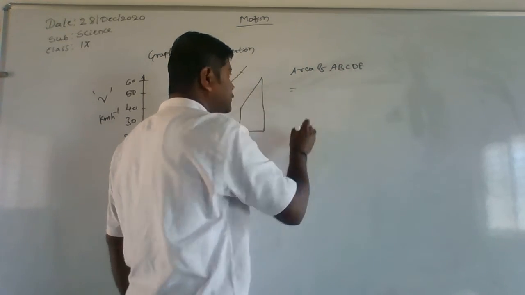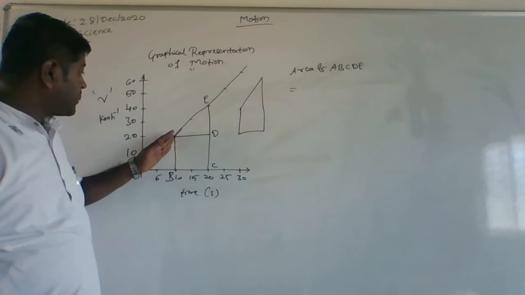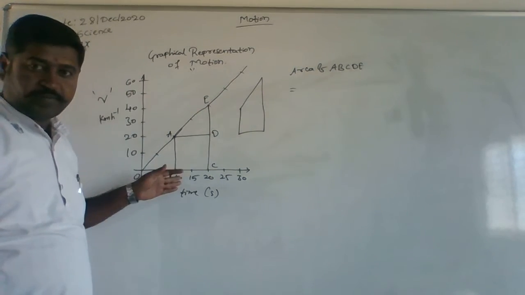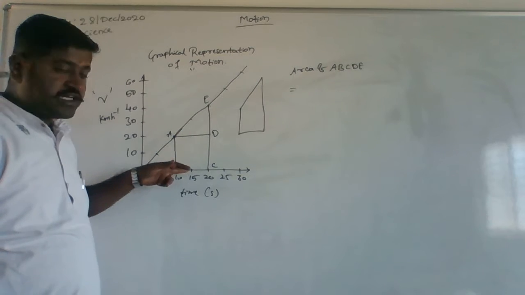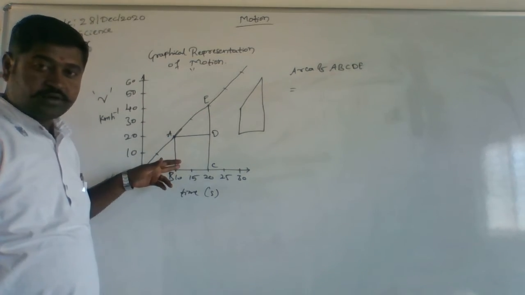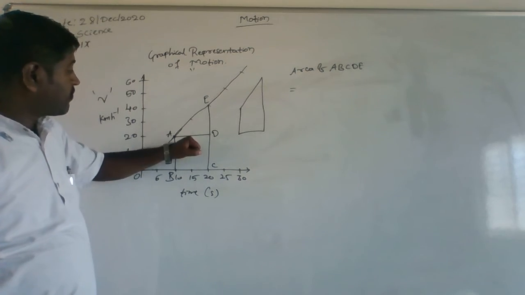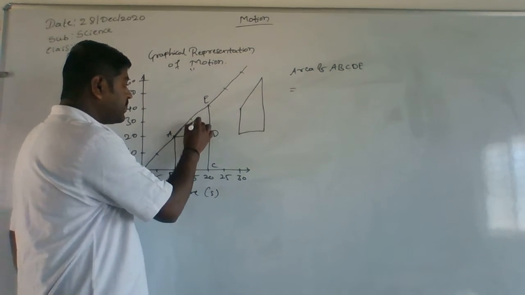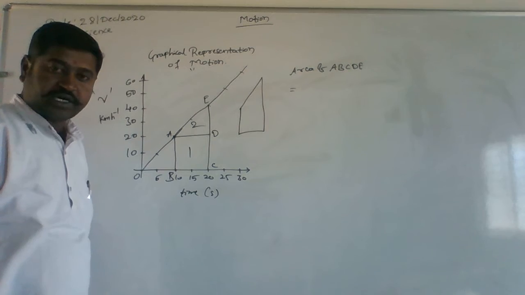ABCDE, that is nothing but, whatever we are observing as a trapezium here, that is nothing but the area of one rectangle and the area of a triangle. Is that correct?